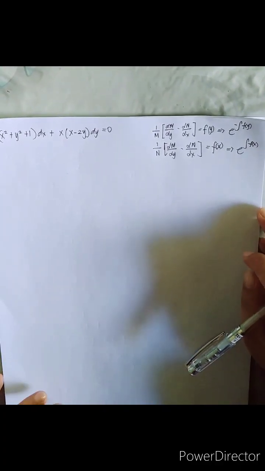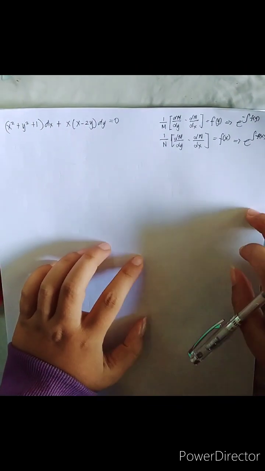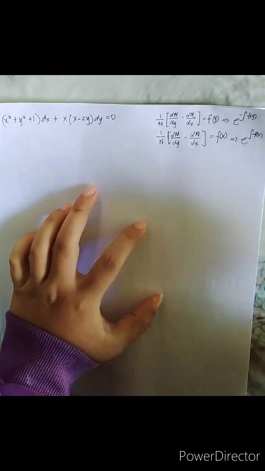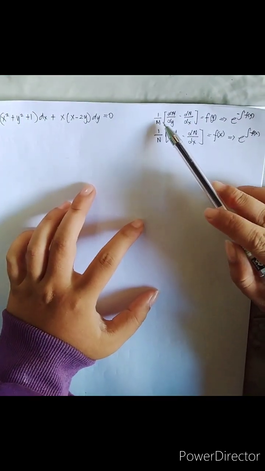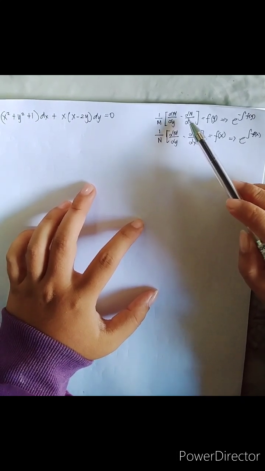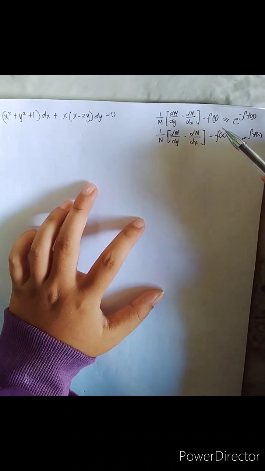Now let's proceed to the first example. Always remember that in solving a non-exact DE using an integrating factor, remember this formula. 1 over M times the partial derivative of M over dy minus partial derivative of N over dx is equal to f of y.